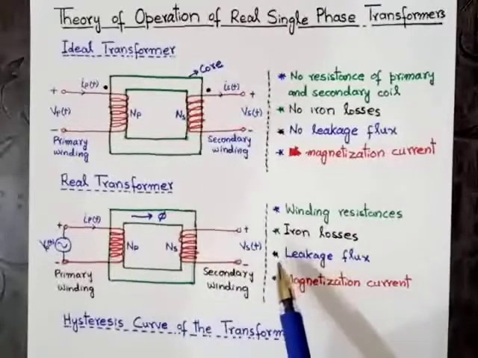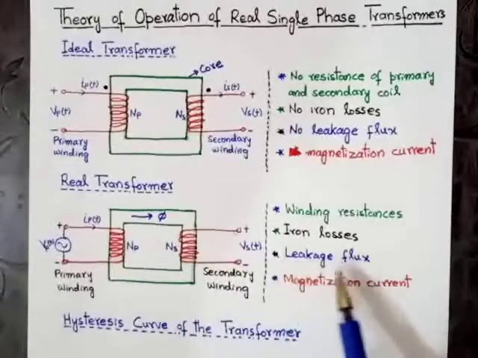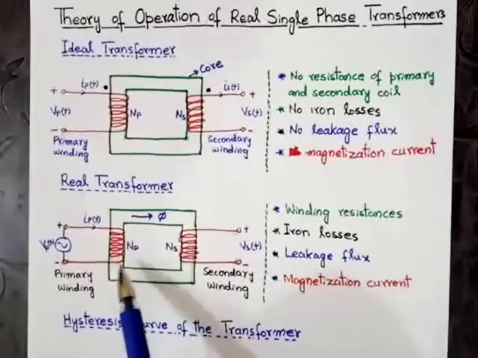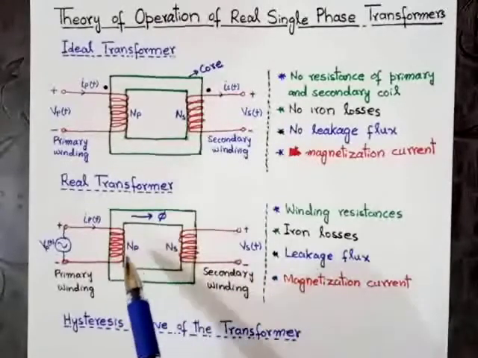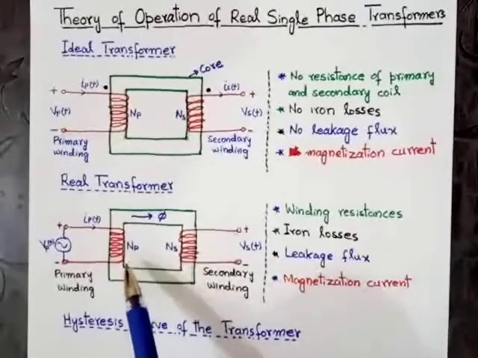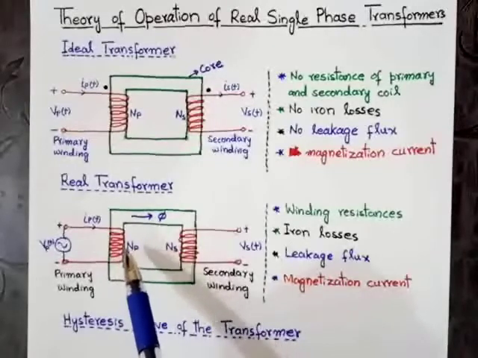And also there will be leakage flux. It means in case of a real transformer, not all the flux will remain in the core. Some flux will break out of the core into the surrounding air.